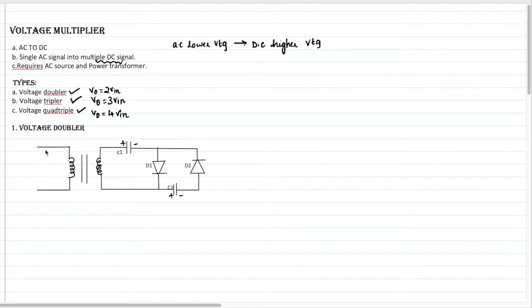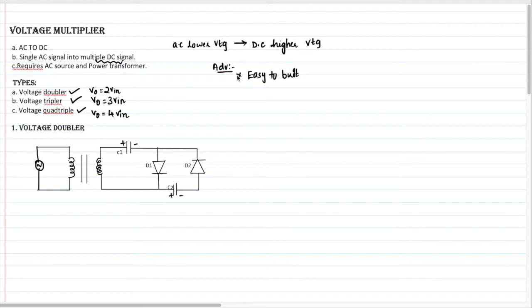For the construction of a voltage multiplier, you need an AC source and a power transformer. So it is very easy to construct. If you see the advantages of a voltage multiplier, it is very easy to build because it mainly requires an AC source and a power transformer along with a capacitor and diode based on the requirement, whether it is a doubler, a tripler, or a quadrupler.